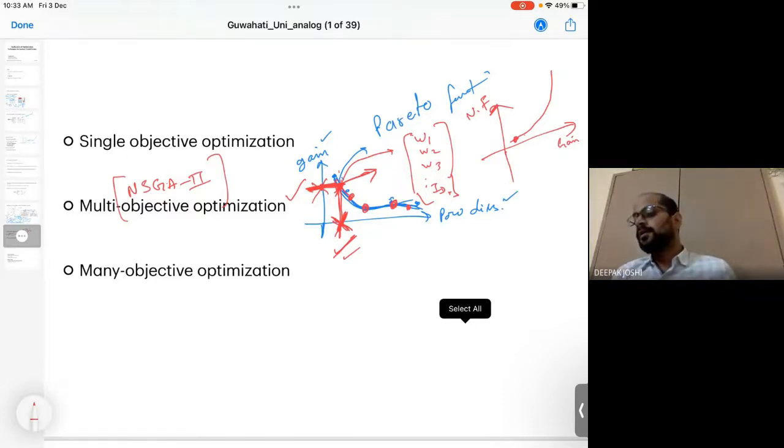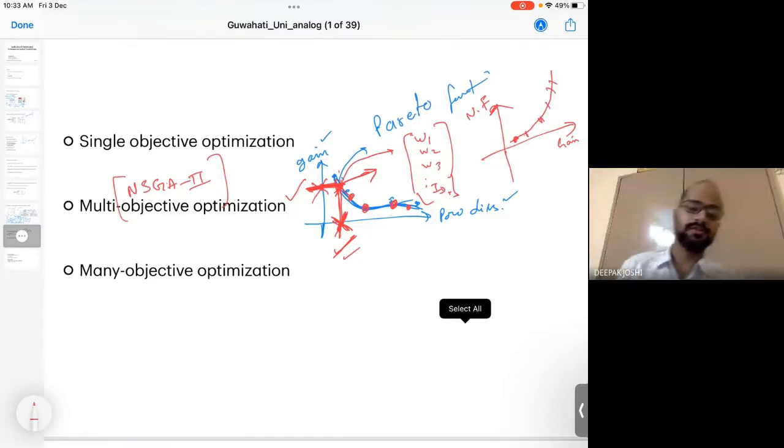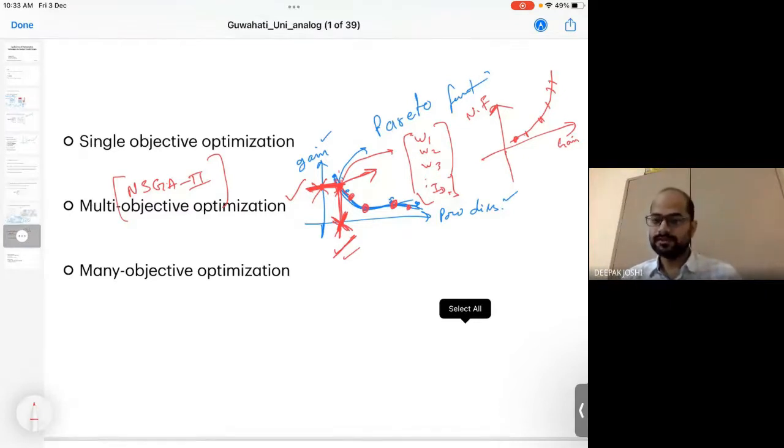So we may get some set of points for the Pareto optimal solutions. These solutions separately can be considered as separate circuits or separate designs. Similarly, for many objective optimization, first we discuss it and then we will see how to analyze whether we are getting good results or not.